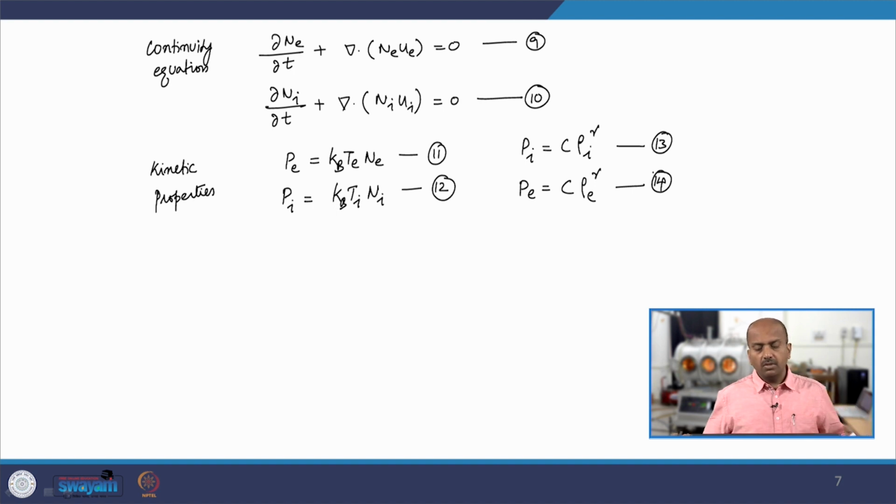The basic approach is you can solve them, obtain a few variables, substitute those variables into other equations and then obtain the unknown variables.